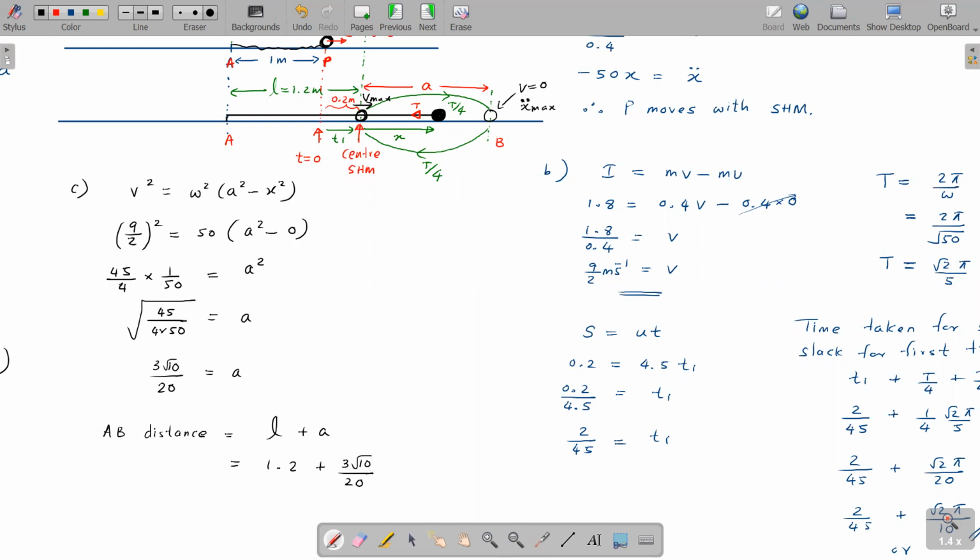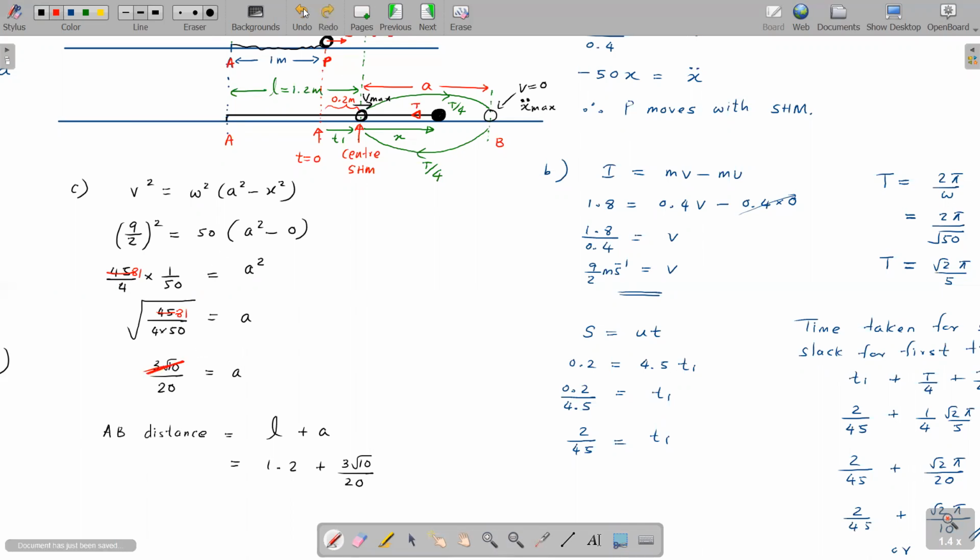Check on this again. Yeah, I think the error is over here, right? Because 9 over 2 squared, 9 squared is not 45. 9 squared is 81. So it's 81 over 4 times 50. So what is the root of 81 over 4 times 50? That's 9 root 2 over 20, right?